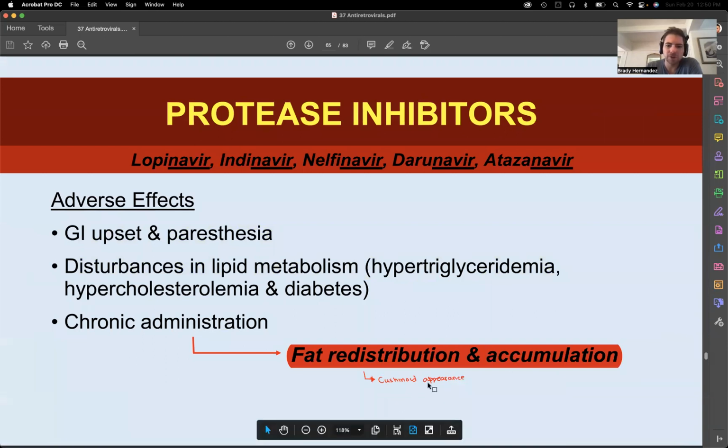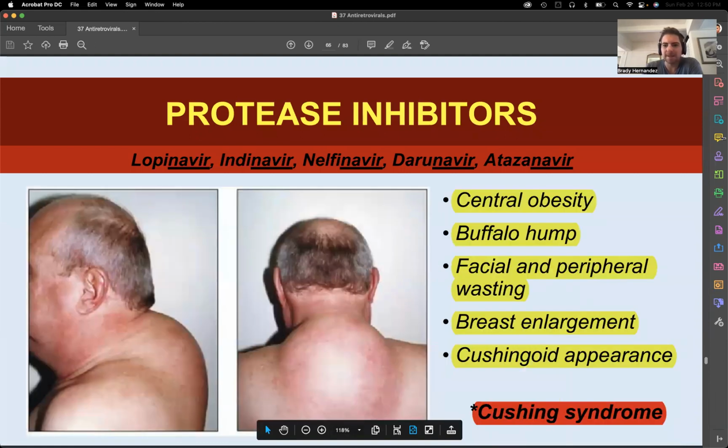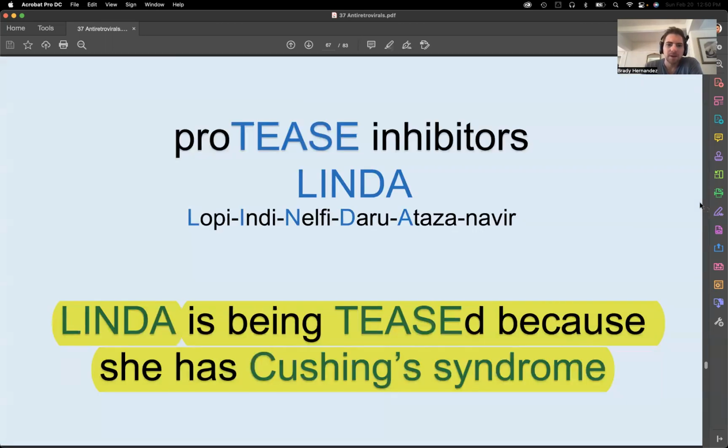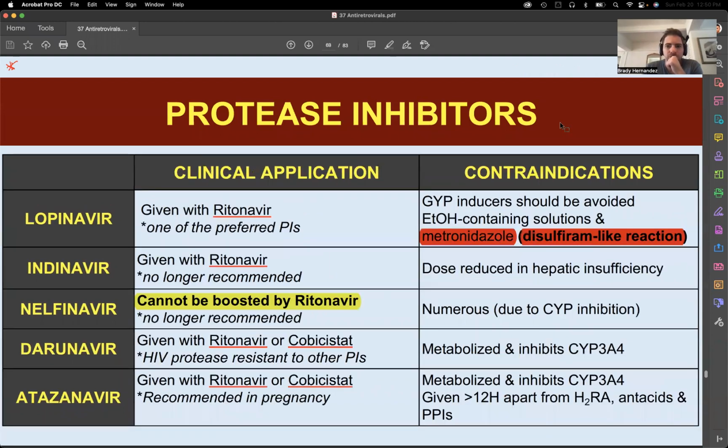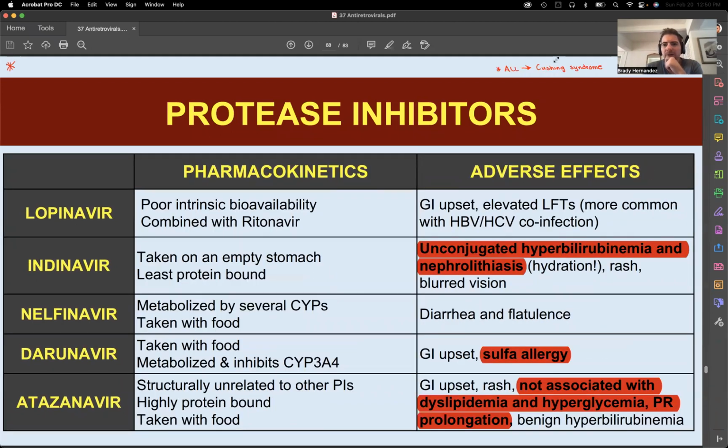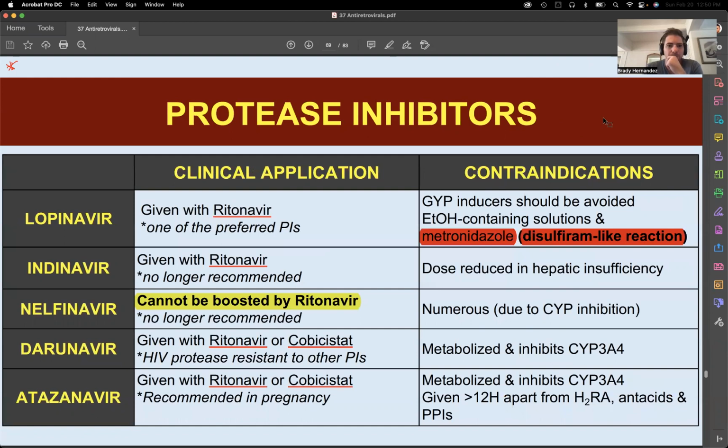And a cushingoid appearance is a specific side effect there. You can see that here. So these are those protease inhibitors. Linda is being teased because she has Cushing syndrome. So that's a good way to remember that. Right, and then there's the side effect profiles for these. But again, all of them can cause this cushingoid syndrome.